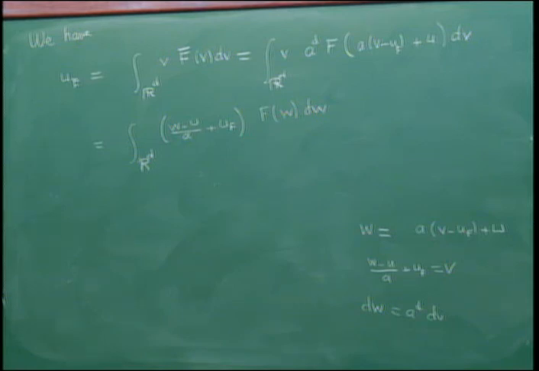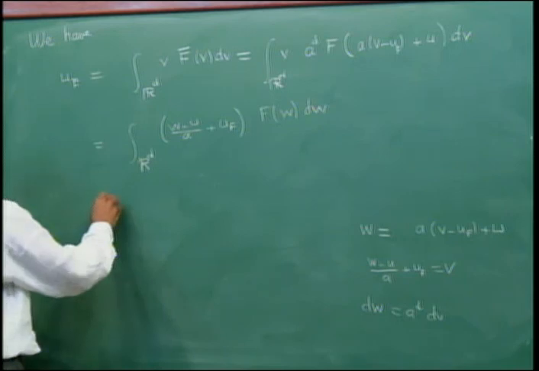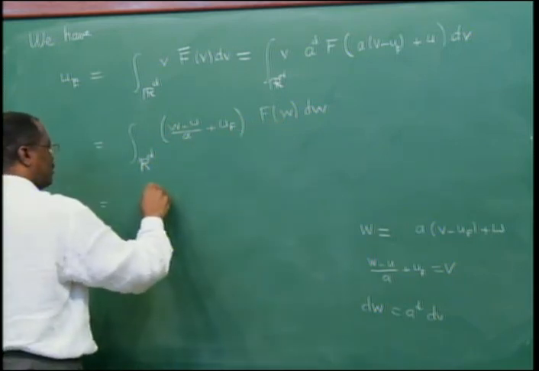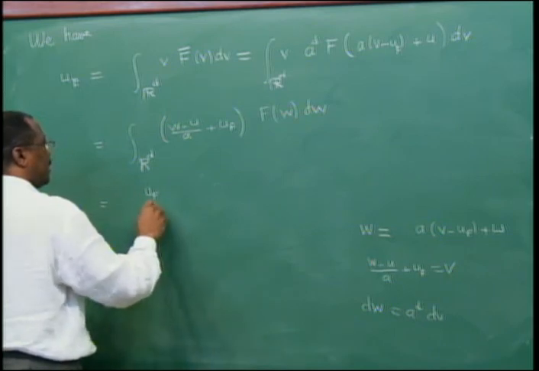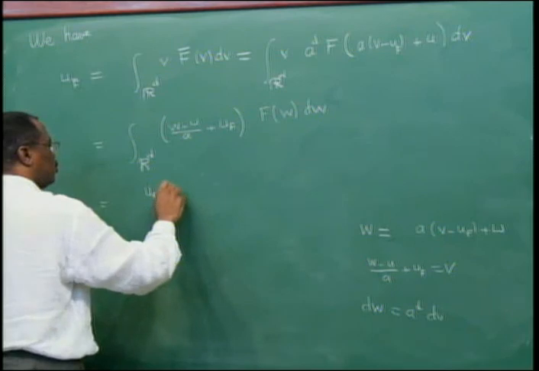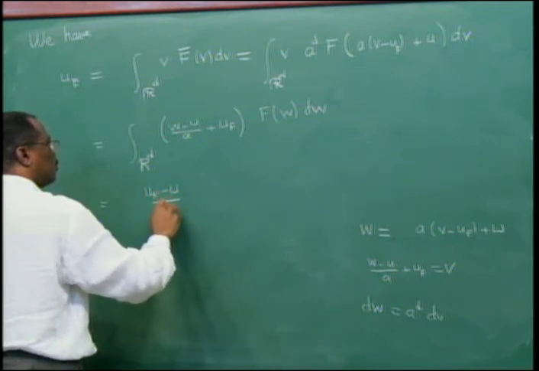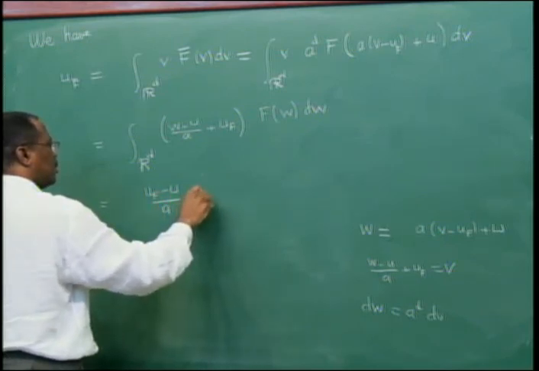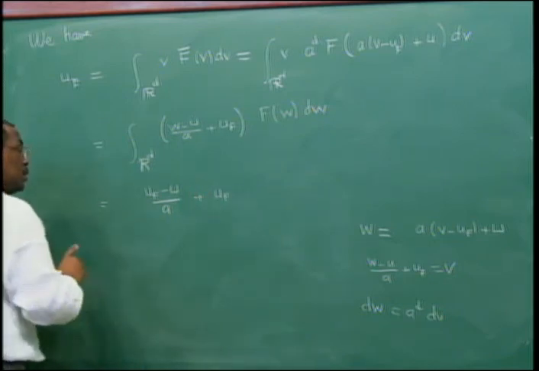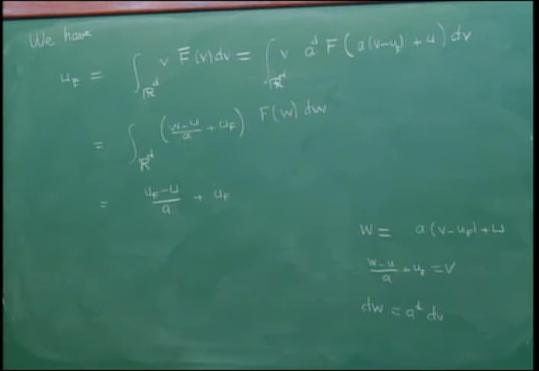So when I integrate this, I get u_f over a. When I integrate that, I get just u over a plus u_f. So it looked like what I had to do is this.